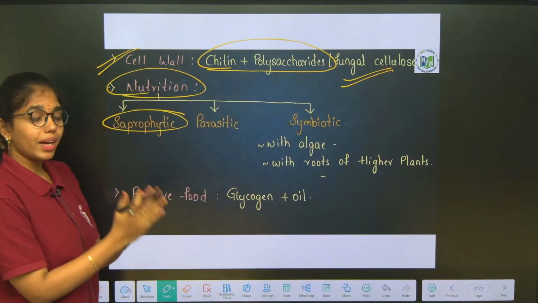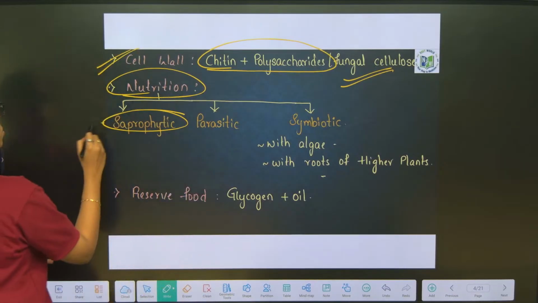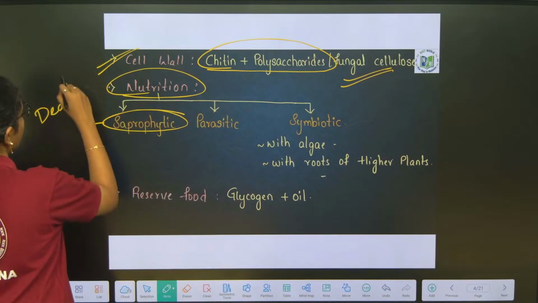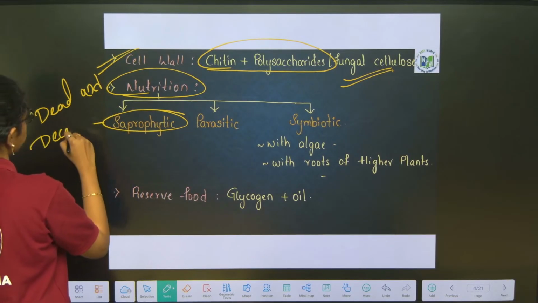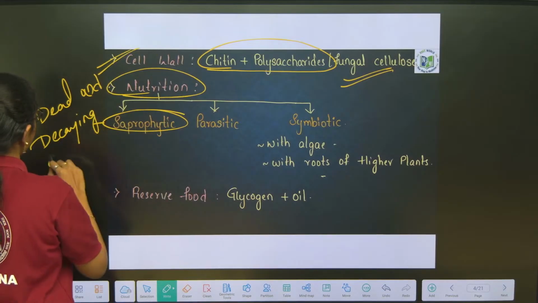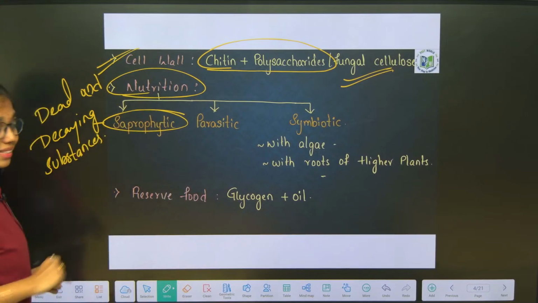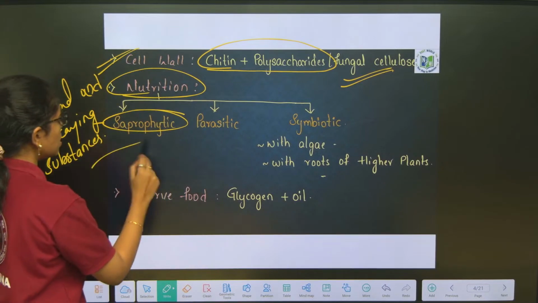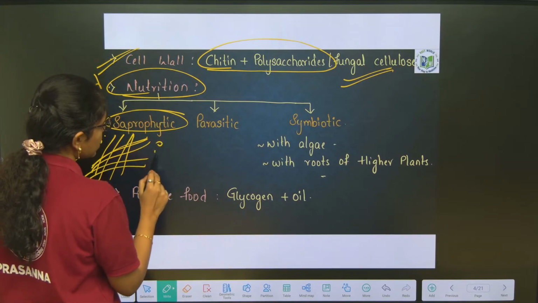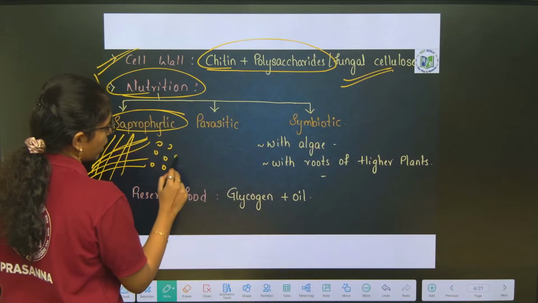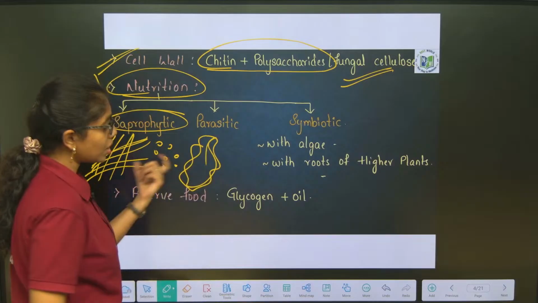Saprophytic nutrition is completely reliant on dead and decaying substances. In the saprophytic mode of nutrition, the fungal mycelium or hyphal strands will release enzymes onto the dead and decaying matter which is in close proximity.